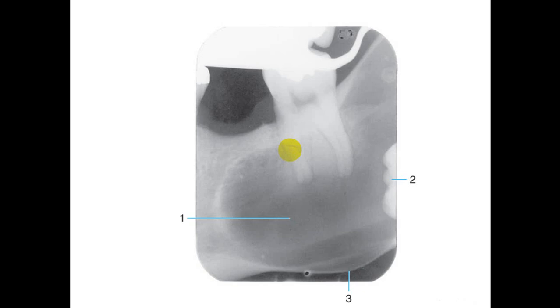Now we can see the dentigerous cyst, which is a cyst involving the impacted third molar. Note the expansion and the thinning of the cortical bone of the mandible in response to the cyst.